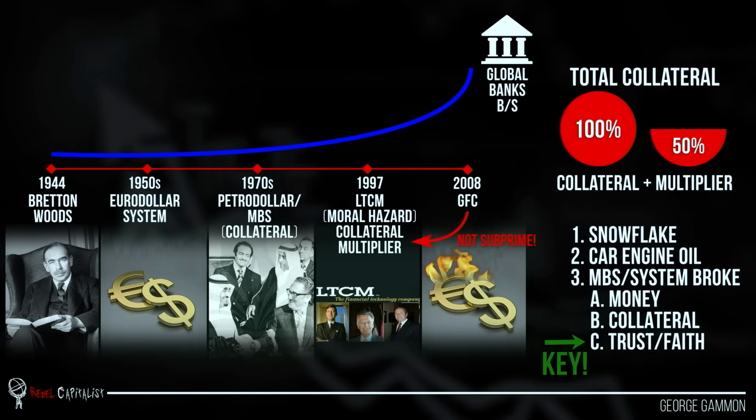So finally, these banks talk to one another and say, listen, why don't we just create these dollars out of thin air through the process that I just described? I trust you, you trust me, so let's go ahead and do this. We've got all this productive demand for loans. Let's just create these dollars. So this is what happened, and you saw the eurodollar system grow and grow and grow.